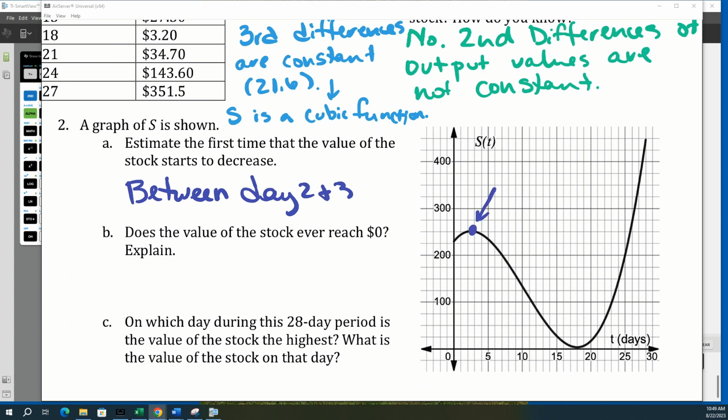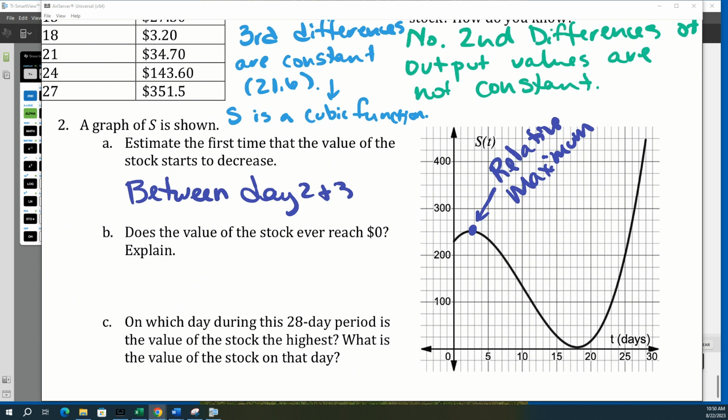Do you guys remember, as far as characteristics of a polynomial graph, what that's called? That peak of a mountain? Okay, that's okay. It's a relative maximum. All right, and then does the value of stock ever reach 0?